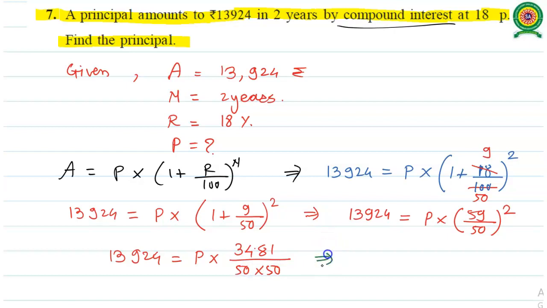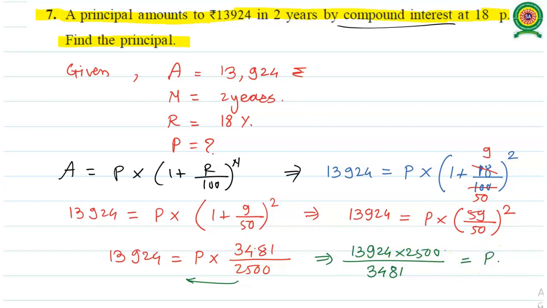Now to evaluate the value of P, let's shift 3,481 divided by 50 into 50 from RHS to LHS. The denominator 50 into 50 is 2,500, and now you may shift the numbers. 2,500 is the divisor, after shifting it becomes a multiplier to 13,924 into 2,500, and 3,481 is the multiplier, after shifting it becomes a divisor.